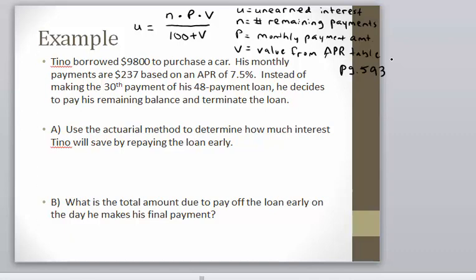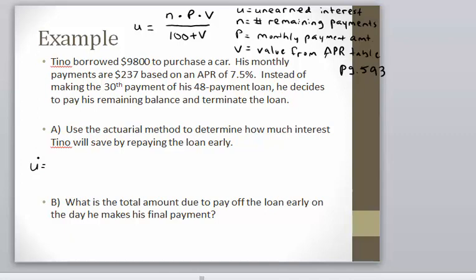So let's begin with our formula and let's plug our values in. N is the number of remaining payments. The loan had 48 payments. He has made 29 and he's about to make the 30th.